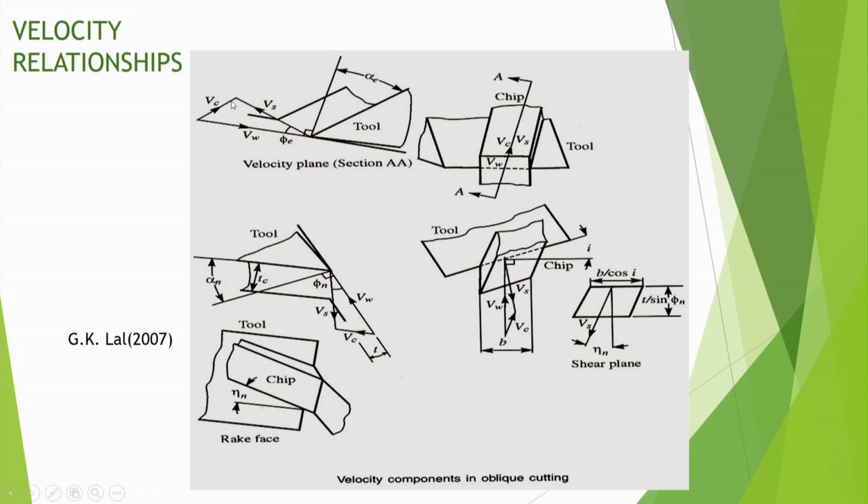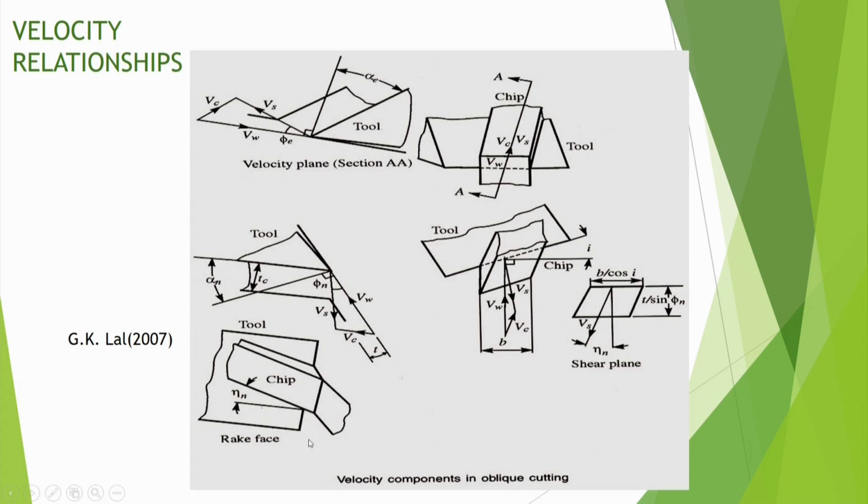So the resultant velocity has become Vc, and this angle, the slope of this surface on this plane, will be denoted by alpha e. How do you measure the slope? From VW you draw a perpendicular, along the reference plane, and this angle is alpha e, which we have been calling the two rake angle. Then in this view they are showing the chip, and they have taken the section like this.